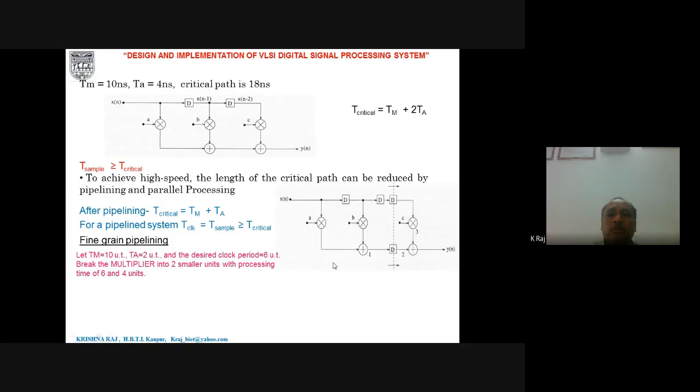Again, there is an improvement of 6 nanoseconds in this case here. That is the fine grain pipelining. In the fine grain pipelining, we are breaking the multiplier into two sections, M1 and M2.